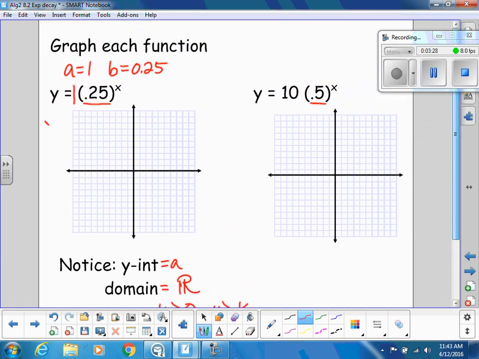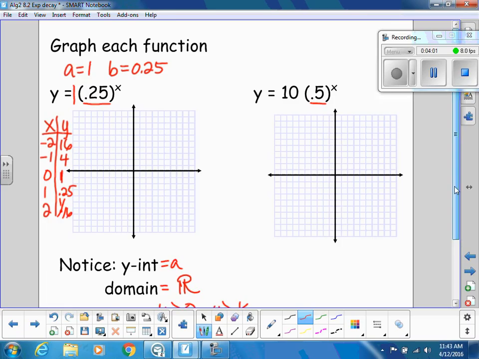So for example, if I do my little table with my normal negatives and positives, if I plug in -2, that's going to be positive 16. If I plug in -1, that's going to be positive 4. If I plug in 0, that's 1. If I plug in 1, that's 0.25. And if I plug in 2, that's going to be 1/16.